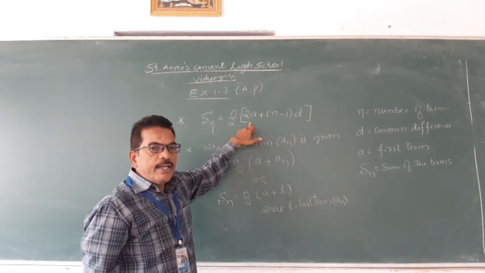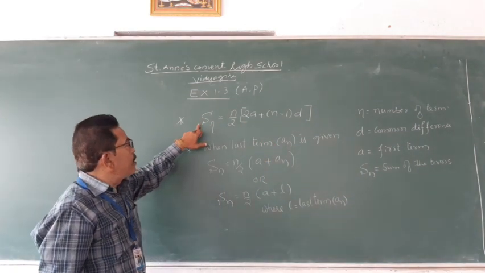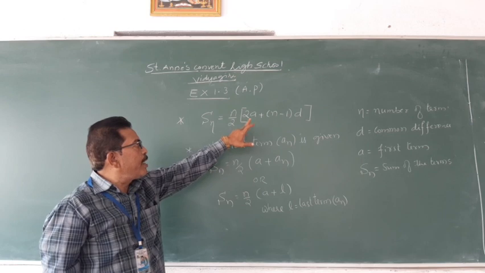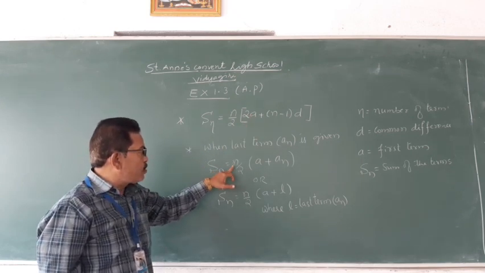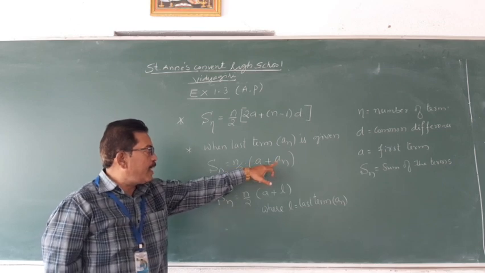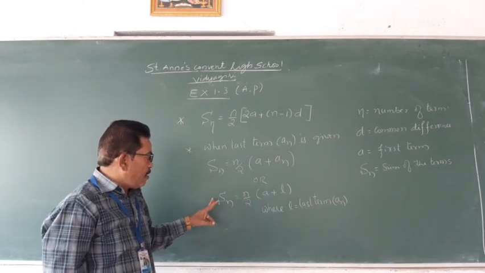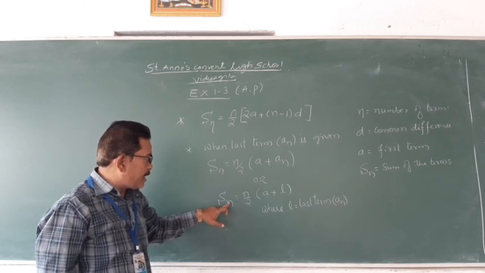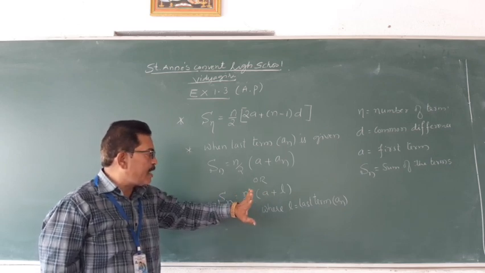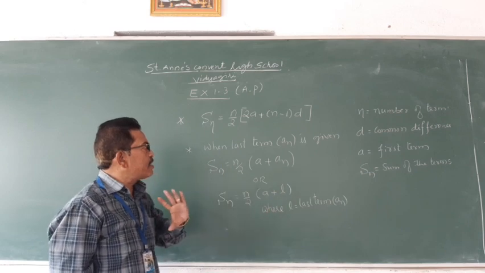See once again, Sn equals n by 2 (2a plus (n minus 1) into d). Sn equals n by 2 (a plus an). This can be written as Sn equals n by 2 (a plus l), where l is the last term.